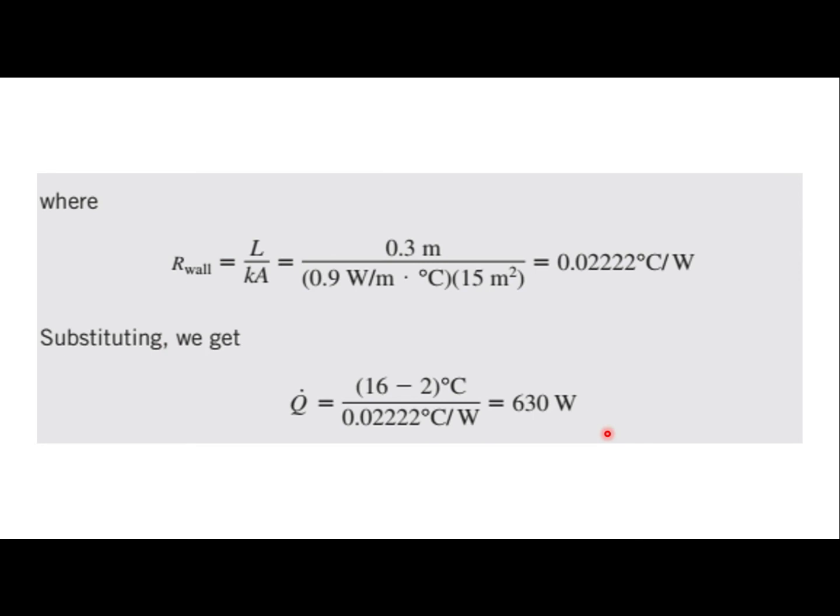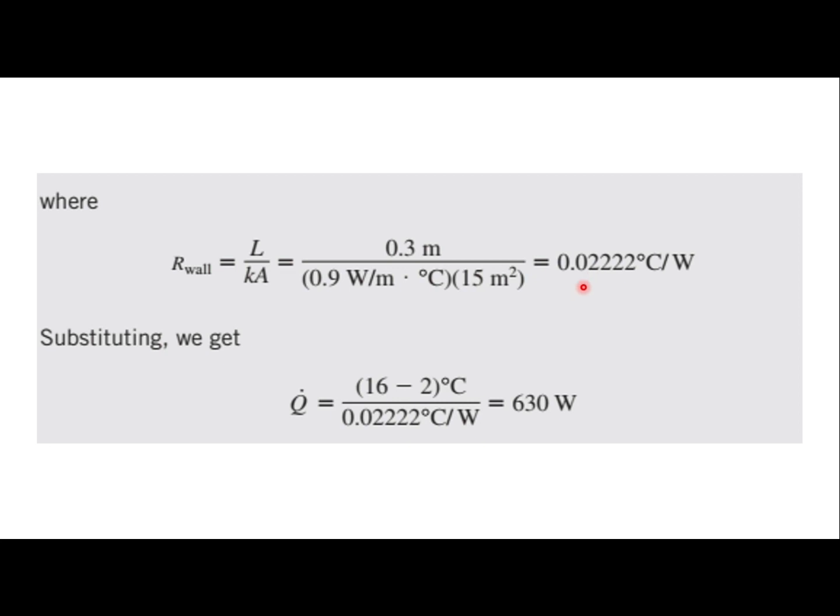In the first step we determine the wall resistance, and the formula is the length divided by the thermal conductivity multiplied by the surface area. We put in the values of all the parameters and we get the wall resistance equal to 0.0222 degree centigrade per watt.